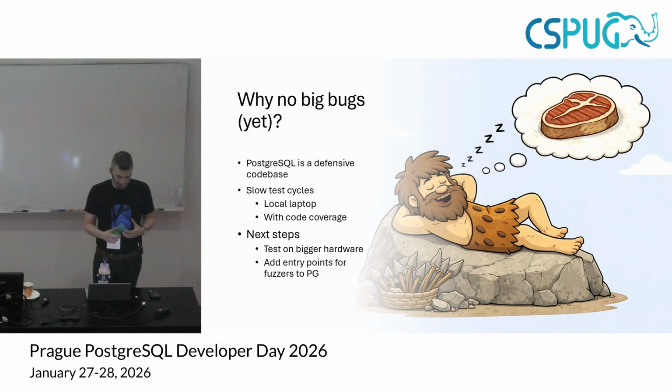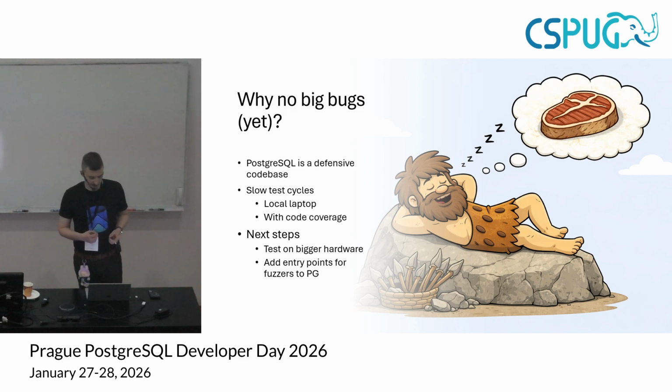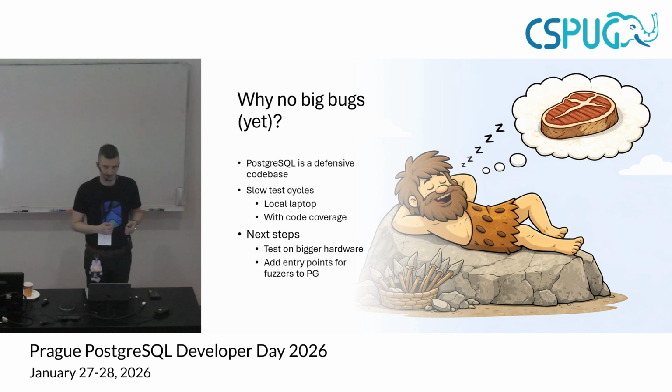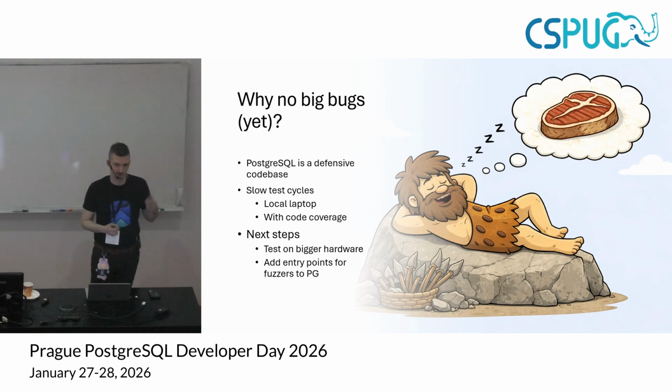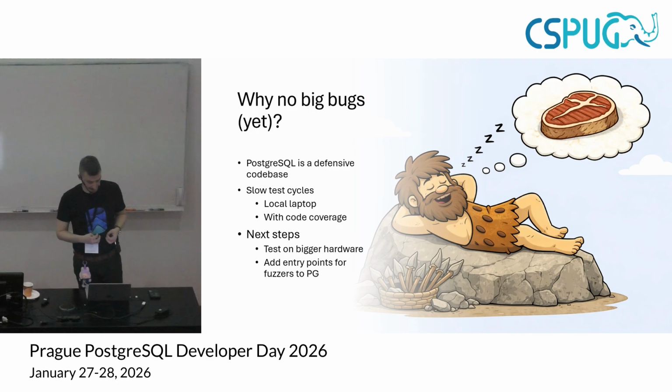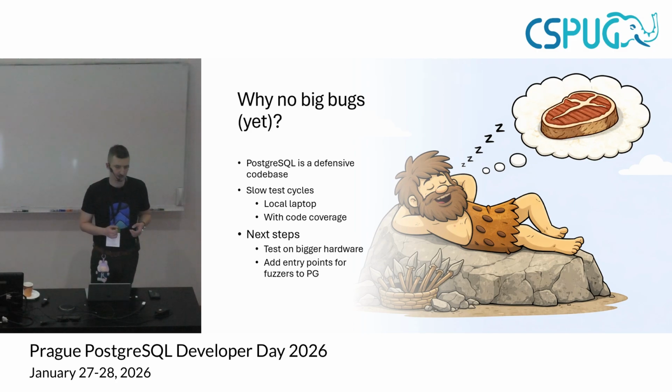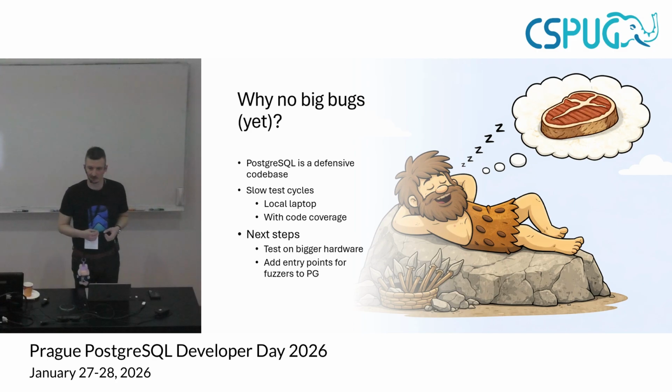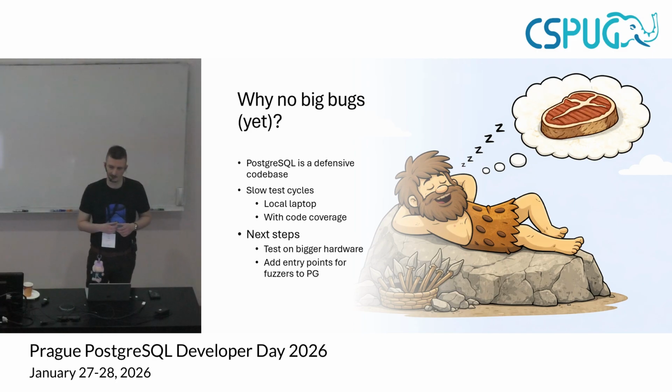So some of the next steps that I would like to do with this are, one, test on bigger hardware, essentially run this for a longer time and see where it gets. And the second thing is evaluating the option of actually adding good entry points for fuzzers in PostgreSQL proper itself.